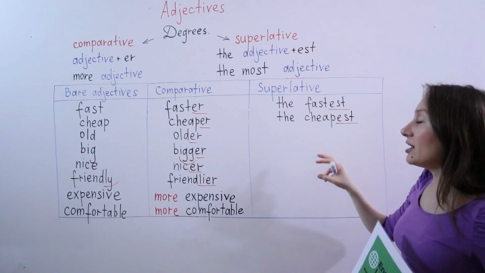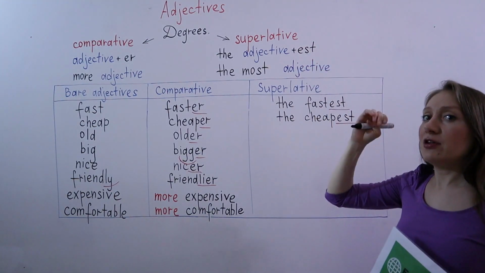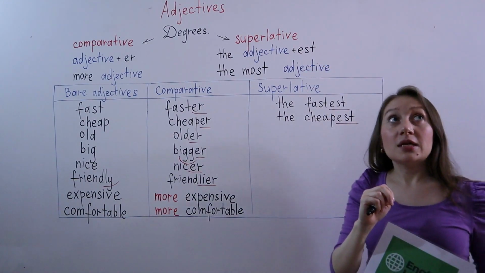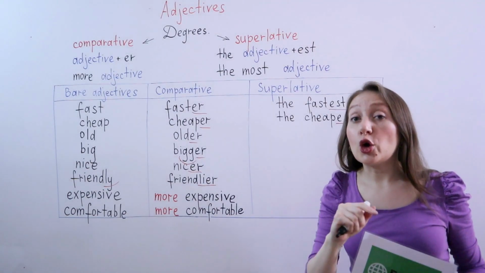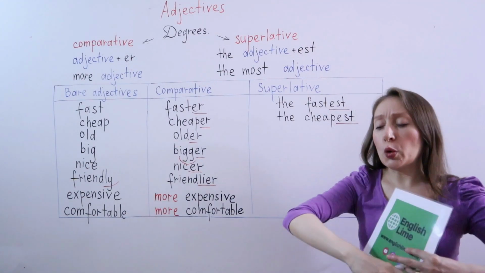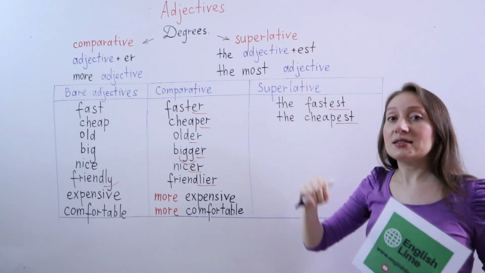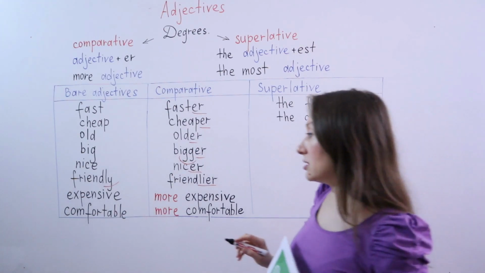So let me give you some examples about fastest. Here we mean that this is the highest level, the highest quality, right? The example is: Cheetah is the fastest animal on earth. It means on the whole earth it is the fastest. It is number one, right? So let me write this example for you.